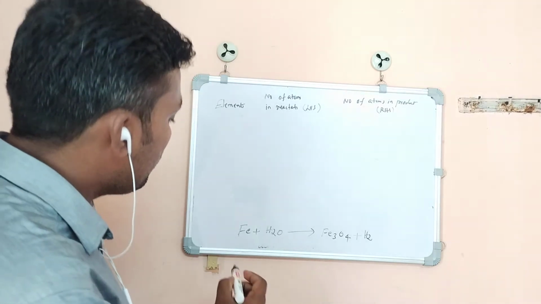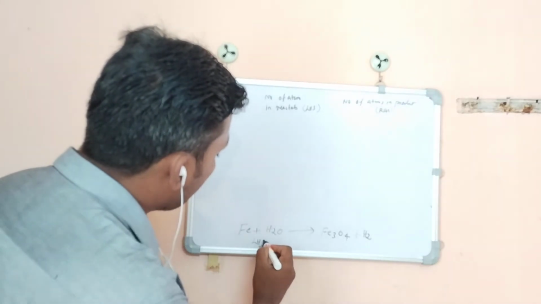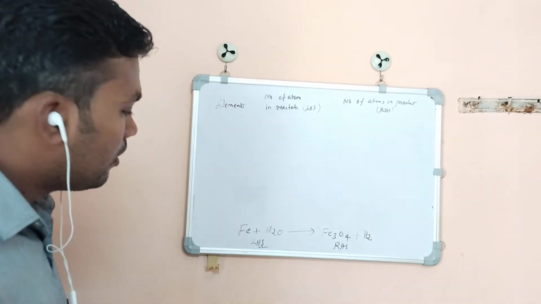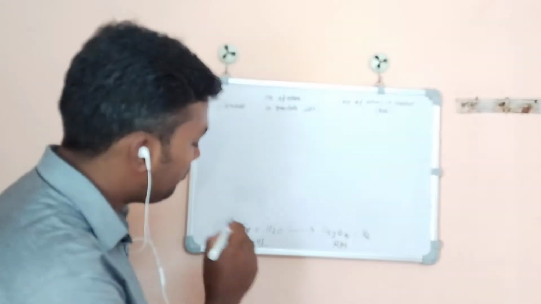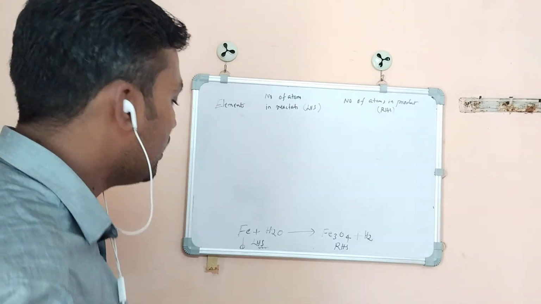Now you can see here, in the reactant side, this is LHS, this is RHS. Now we can count the number of atoms in the reactant side. Iron, only one Fe is there, but here in Fe3O4, 3 Fe are there.